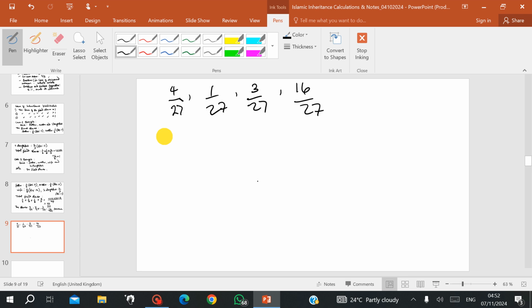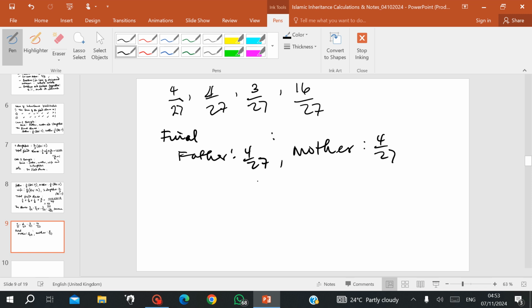So the final shares will look like this. Father is 4 over 27. Mother is likewise 4 over 27. And then wife is 3 over 27.